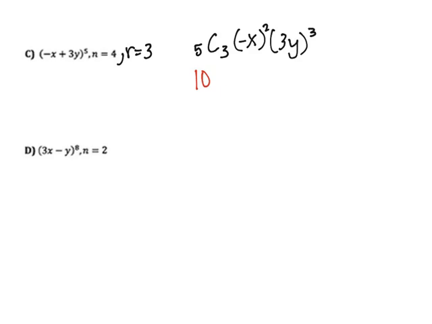Then negative x squared is x squared. And 3y cubed is 3y times 3y times 3y. So 3 times 3 times 3 is 27y cubed. Now multiply 27 times 10, so we get 270 x squared y cubed.